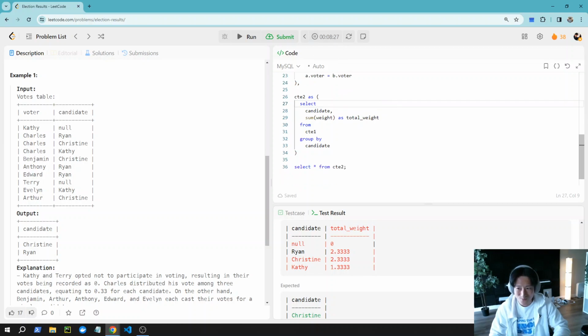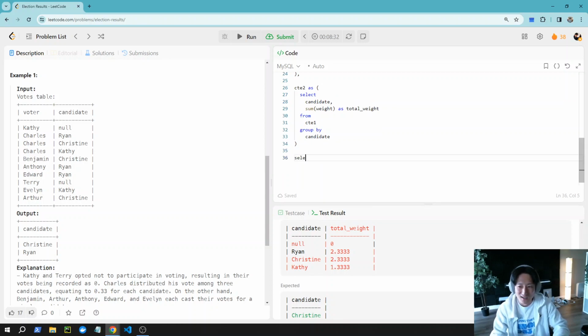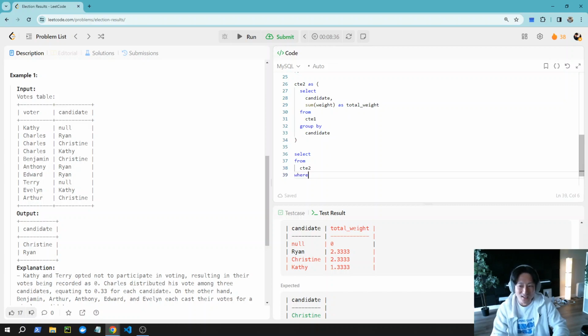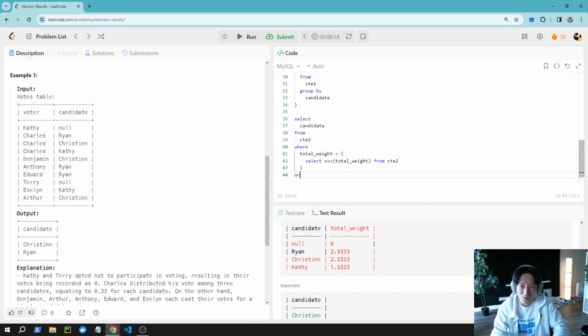So I have 1 minute and 30 seconds. Maybe I can solve this one. Okay, so I'm going to select from CTE2, and then I need to filter where total weight is equal to a subquery selecting the max total weight from CTE2, and then I'm going to select the candidate, and then order by.